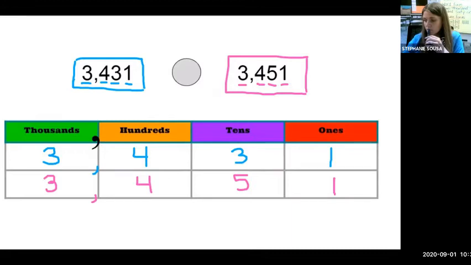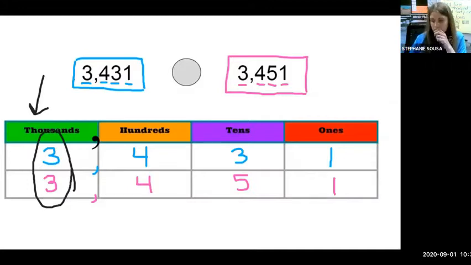We're going to start with the largest place value position, because that's where the largest amount of our number comes from. Okay, so let's take a look. Both of our numbers have a 3 in the thousands place. This doesn't help us distinguish which number is larger since they're both the same. So that we're going to cross off.